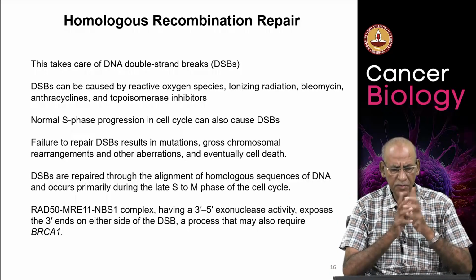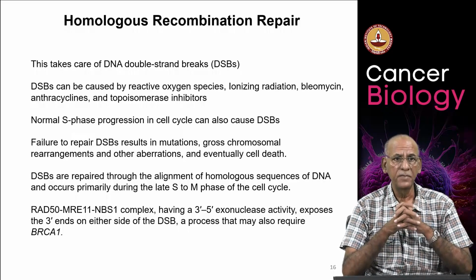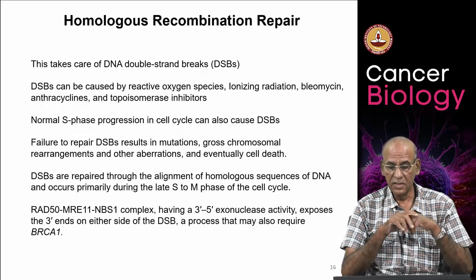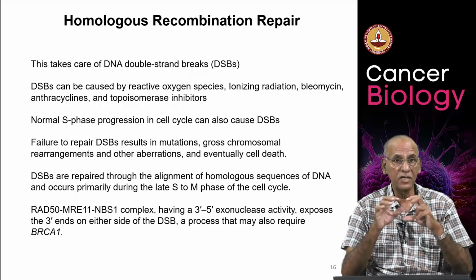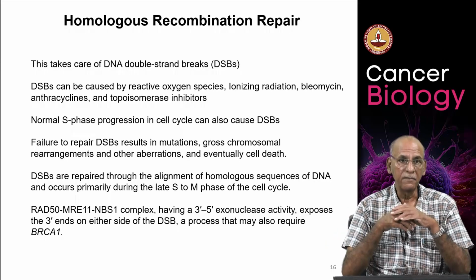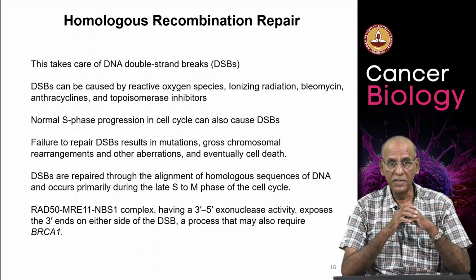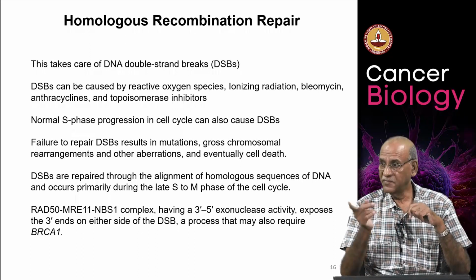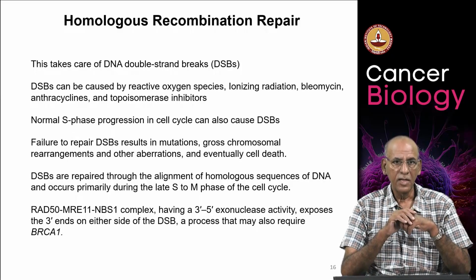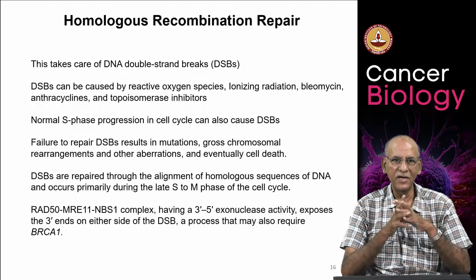These breaks are repaired through the alignment of homologous sequences of DNA, because the homologous chromosome is there. That will be done, usually during the S phase to M phase of the cell cycle, and there are certain molecules which are required. That is where the difficulty comes in.